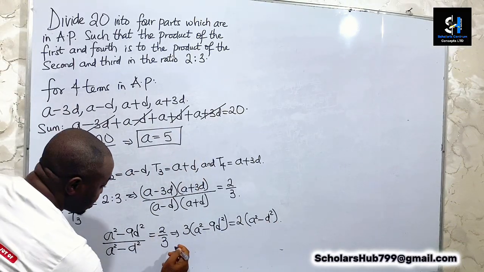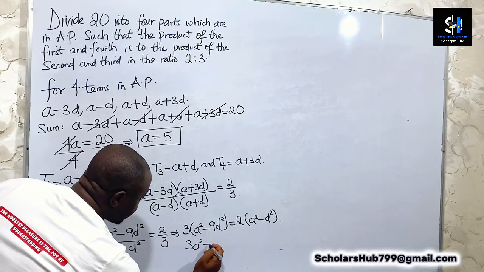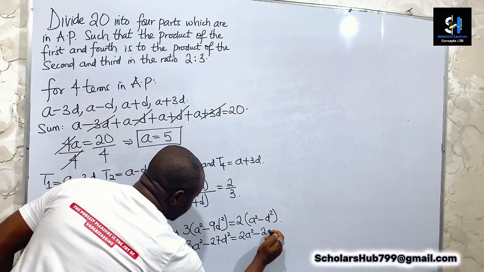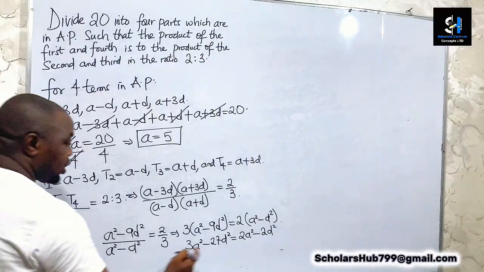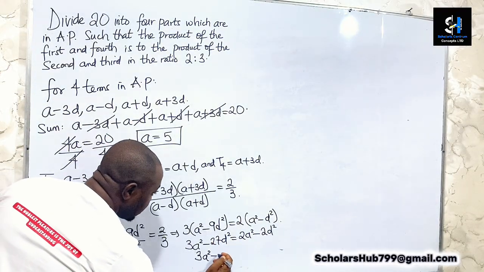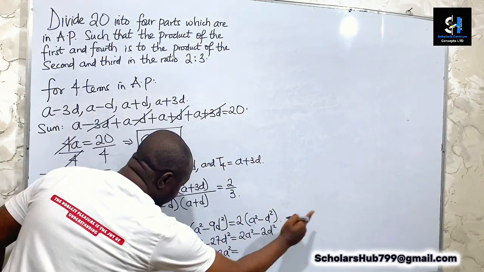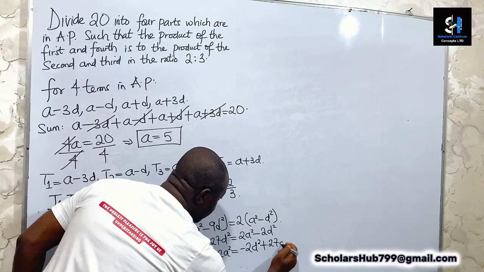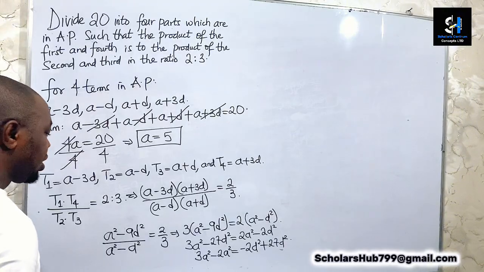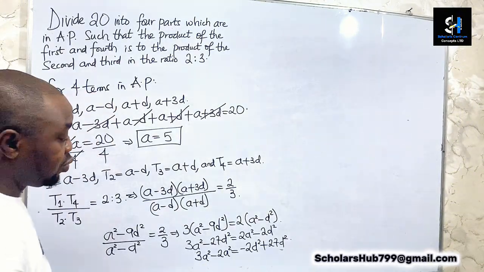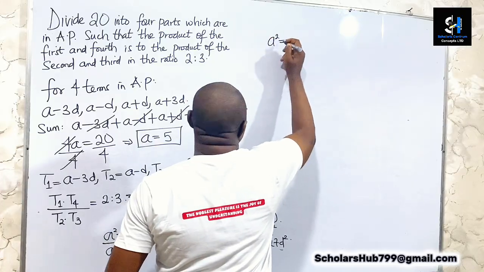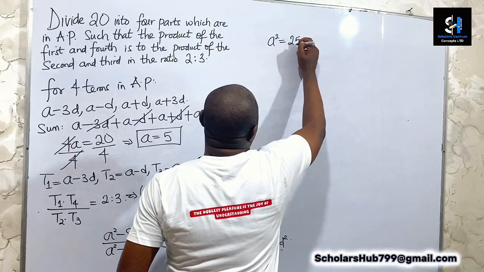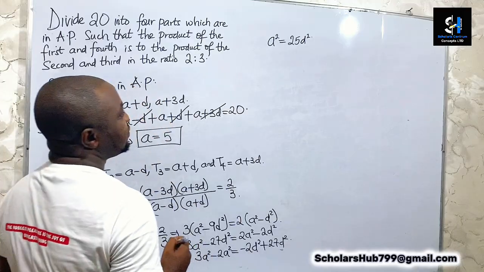If we expand, this will be 3a squared minus 27d squared equals 2a squared minus 2d squared. Now I can rearrange this to be 3a squared minus 2a squared, then move the d terms to the right hand side so that we have 27d squared minus 2d squared. Now 3a squared minus 2a squared is a squared, so a squared equals 27d squared minus 2d squared, which equals 25d squared.